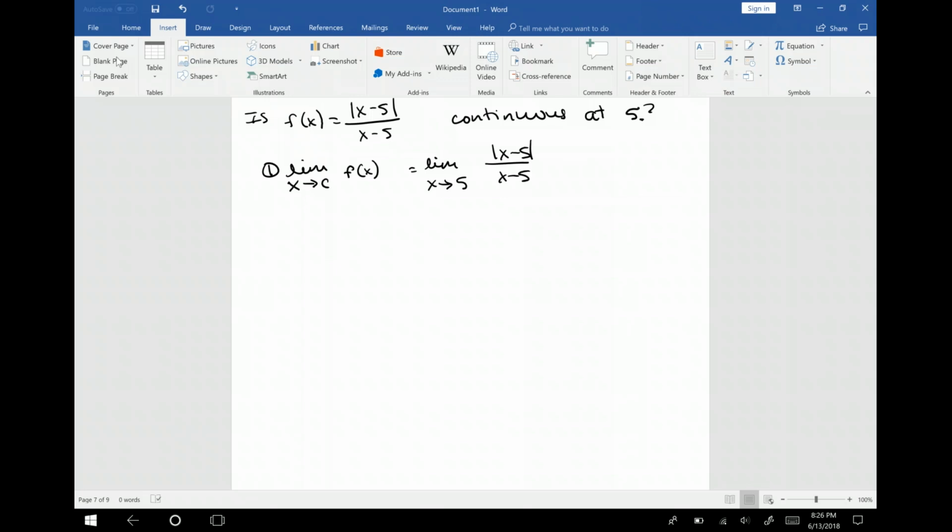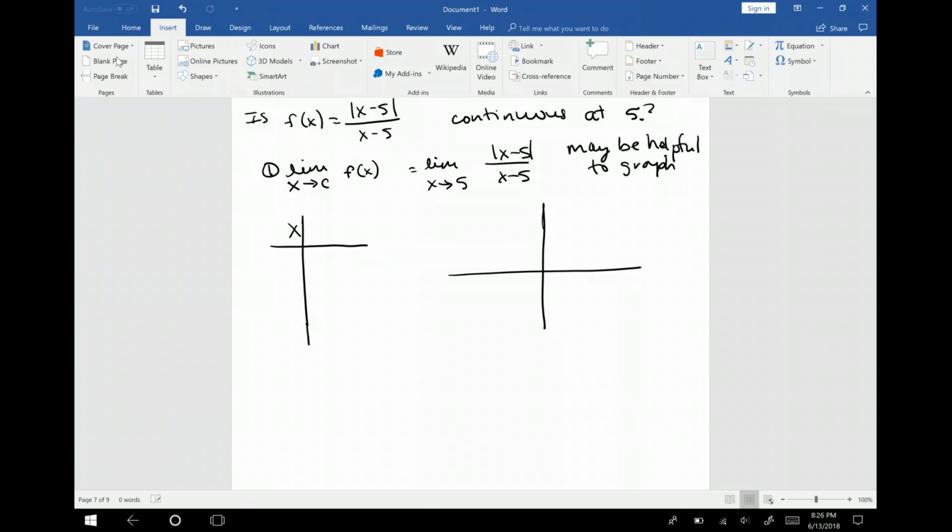This one is a little bit weird since it has this absolute value, so it may be helpful to graph this and see what's going on. Let's make a table. We're interested in values around 5 because 5 is the significant number here.